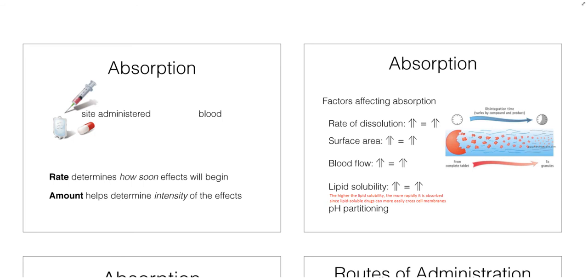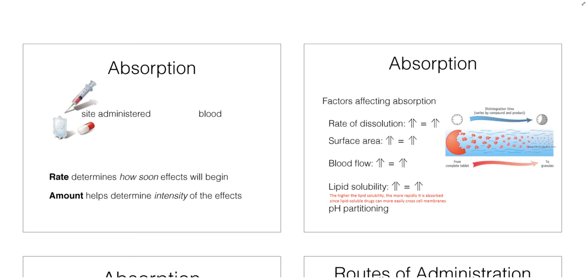There are some factors that can affect absorption. So rate of dissolution. Let's say we're taking a pill and that pill dissolves in gastric acid very slowly. Of course, that's going to greatly affect the speed of absorption. It's going to go very slowly. The surface area: if there's a high level of surface area absorbing this chemical, then it's going to absorb it very quickly.